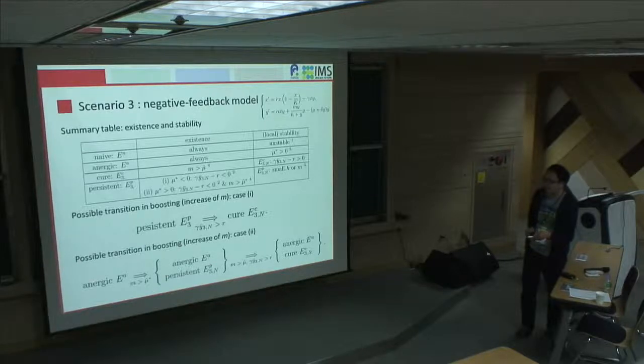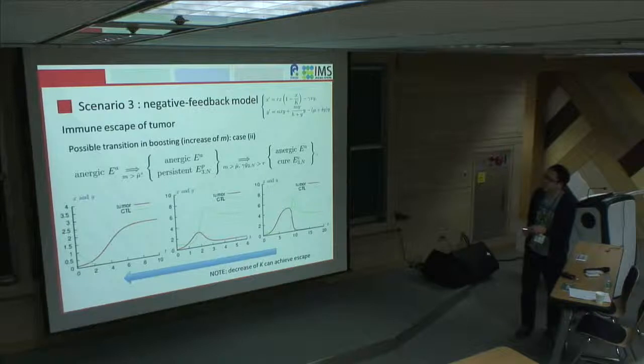First we start anergic, so no CTL response, but the CTL response can be activated if we choose a sufficiently large number of initial CTL, and then it can become cure. But we still have the possibility of the failure of treatment.